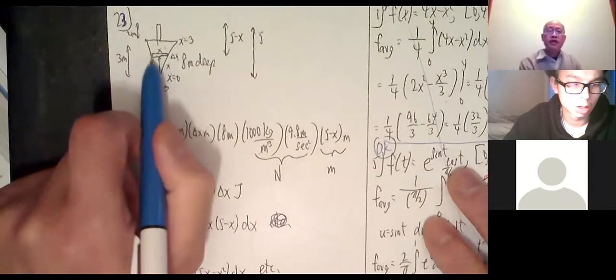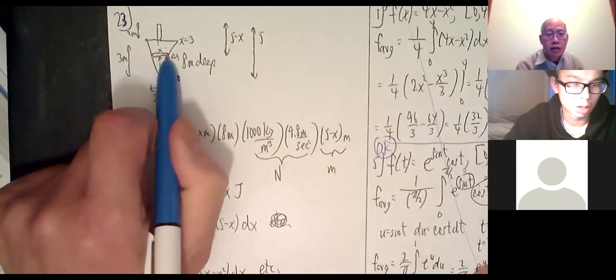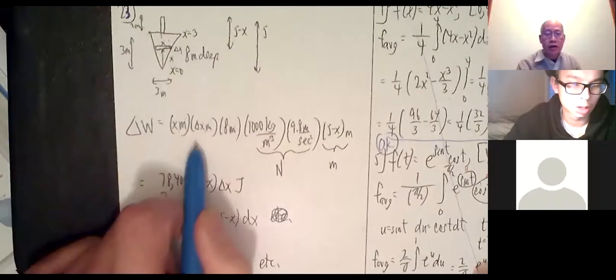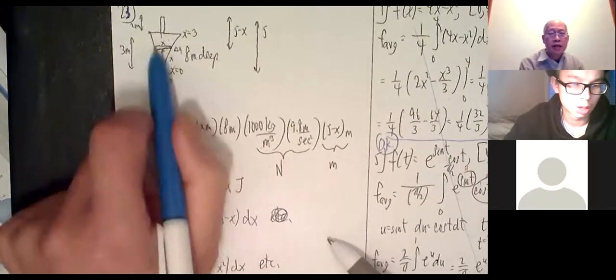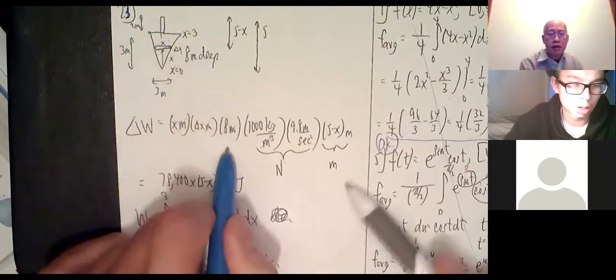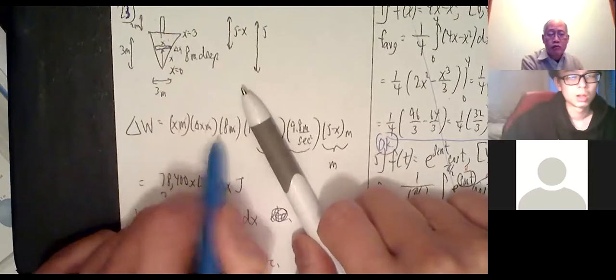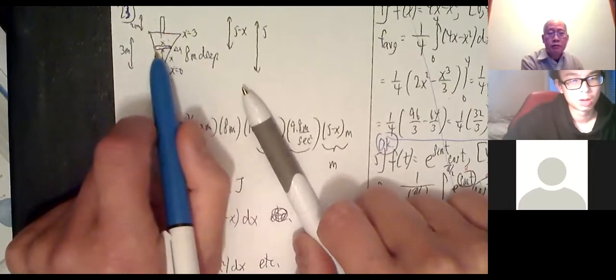Okay, so first I need the volume of that slice. The volume is x by a tiny delta x by 8. It's 8 meters back. So here's the volume: x meters by delta x meters by 8 meters. So at this stage of the game, I have cubic meters, right? Length times width times height. Can you say, hey, it's not a rectangle? You're right.